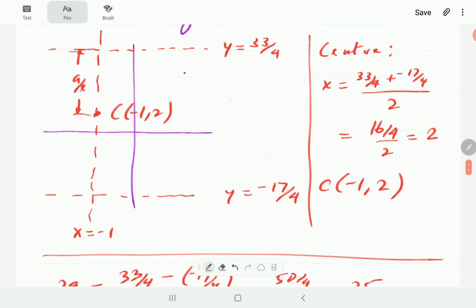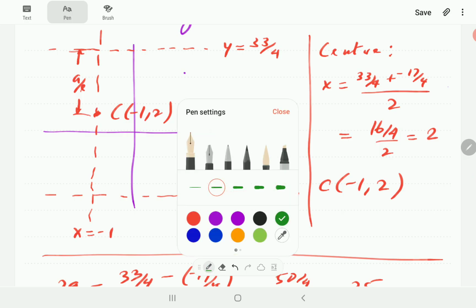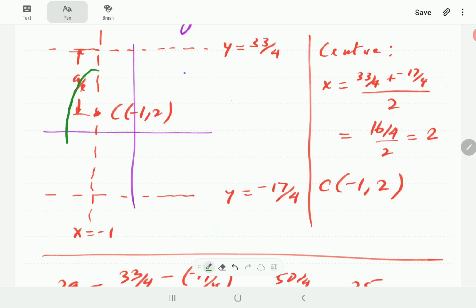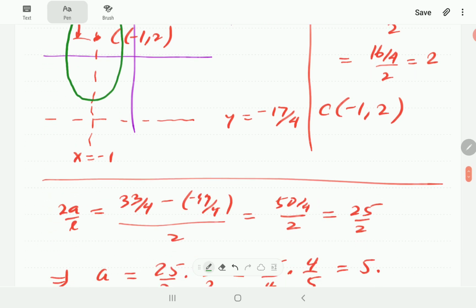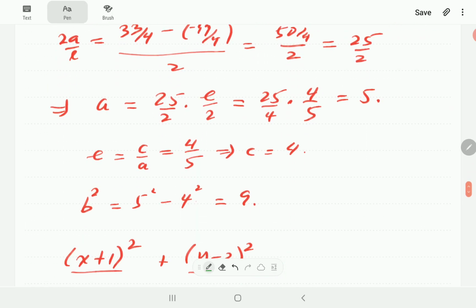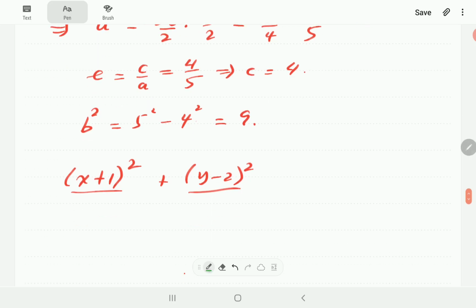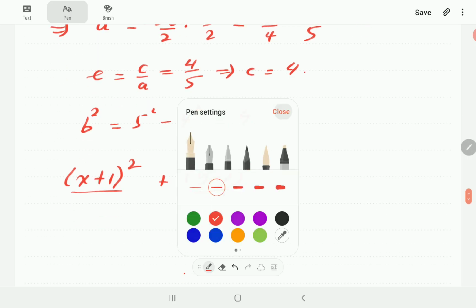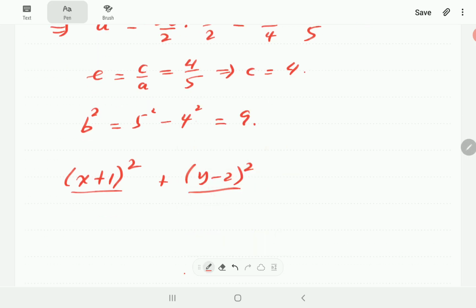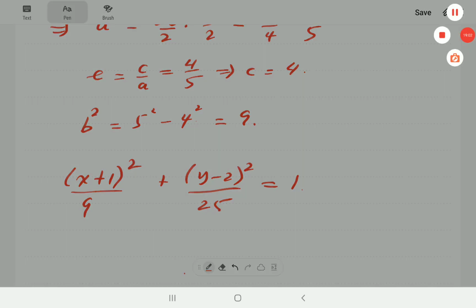By the way, our ellipse is going to be oriented something like that. So a squared is 25 and b squared is 9. This is equal to 1, and that is going to be our equation. All right.